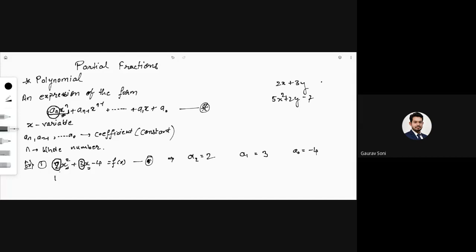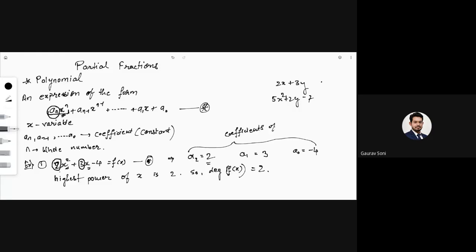So the highest power of x is 2, so the degree of f of x is equal to 2. These a2, a1 and a0 are called coefficients of the polynomial.